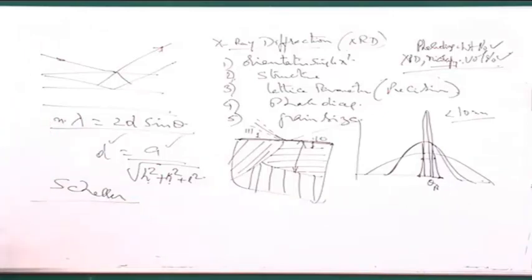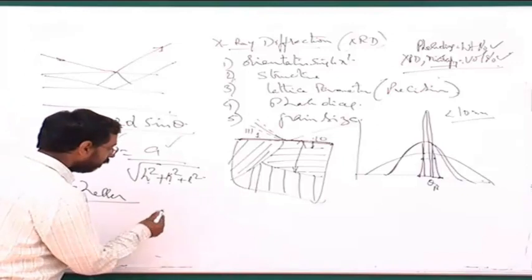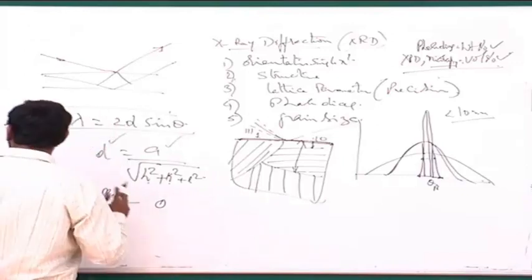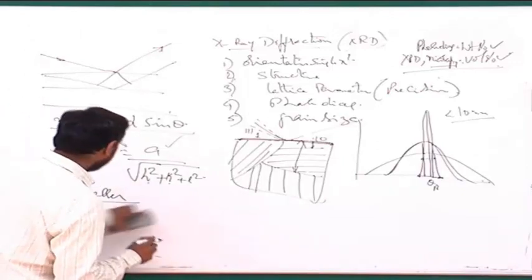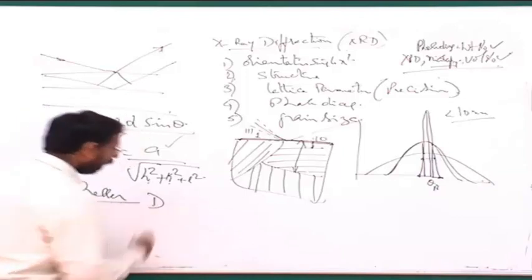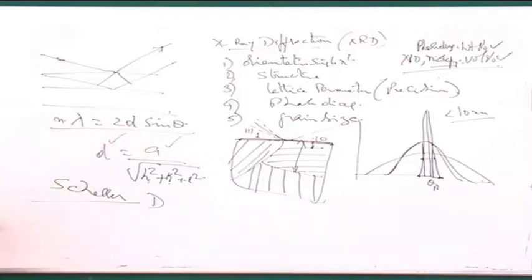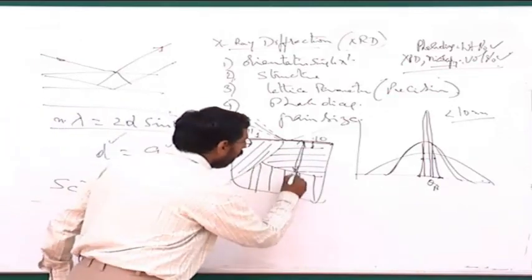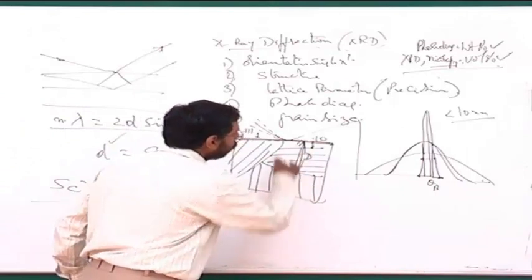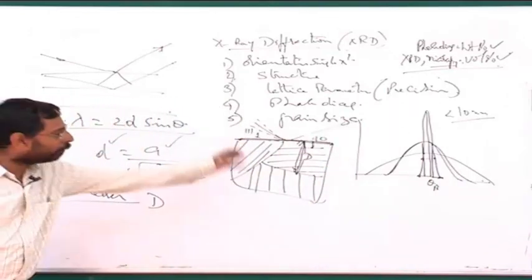The same Scherrer has given a formula where he said the D, here I will use some other D rather than the small d, which is the interplanar distance. Let us call this the grain diameter, which is nothing but this diameter, assuming this to be spherical.